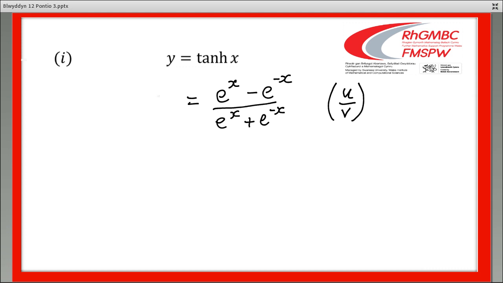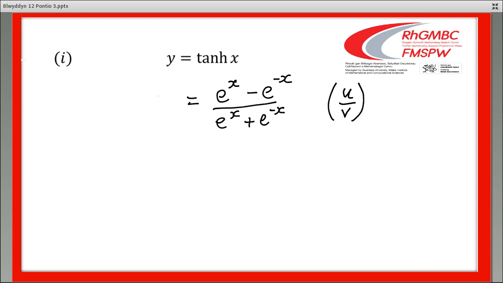So I've got my two functions. Now because it's a fraction, another name for a fraction is a quotient. One of the things that you learn in year 13 for the A-level maths unit 3 is the quotient rule. If you're given a fraction like this, there is a rule to make it that little bit quicker and easier to work with.